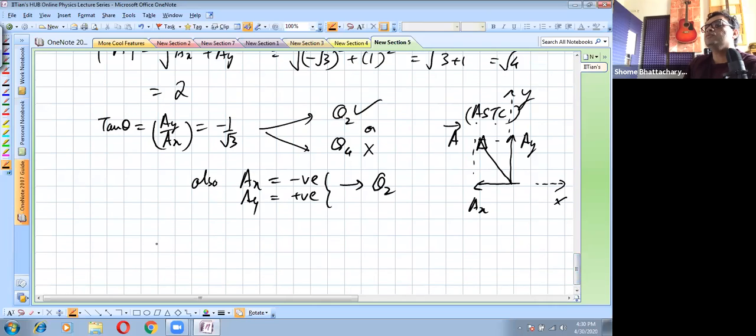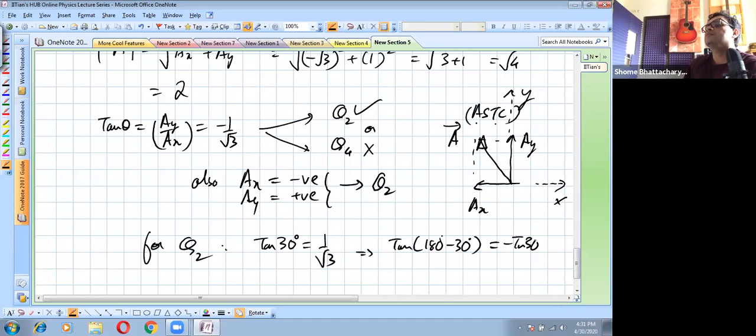So for quadrant 2, you can see that tan 30 degrees is 1 by root 3. Therefore, tan of 180 minus 30, that's the formula for quadrant 2, will be minus tan 30, or tan of 150 degrees should be minus 1 by root 3. Okay. So now you compare this value with what we got.